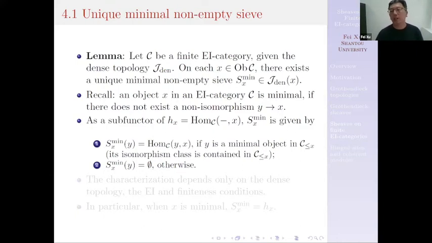This full subcategory is again a finite EI category. So you have minimal objects. If Y happens to be such a minimal object, then the value of the functor on this minimal object will be the set of all morphisms in C from Y to X. Otherwise, you just take the empty set if Y is not minimal.